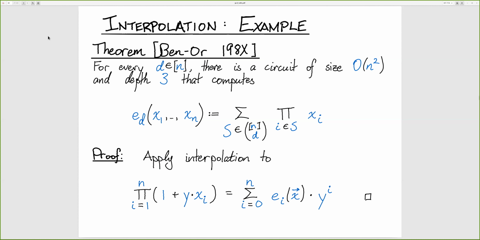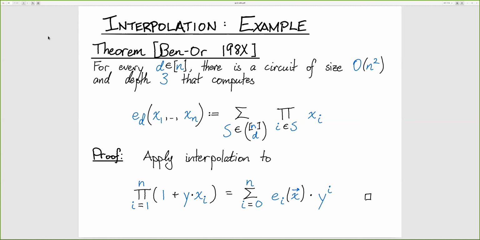Well, this is a nice application of interpolation. Look at this polynomial, the product over i from 1 to n of (1 plus y times xi). Here each xi is a variable and also y is a variable. Expand this out.